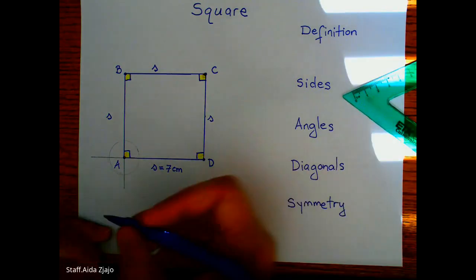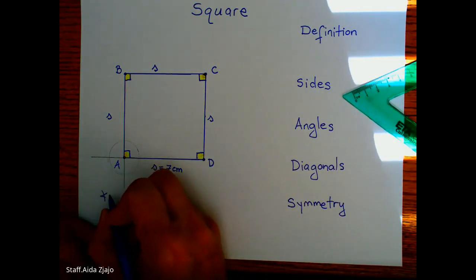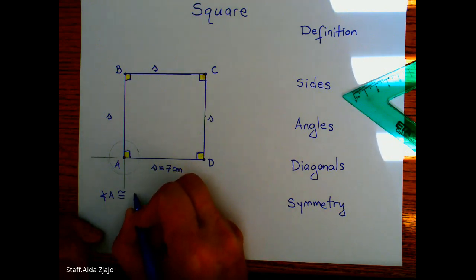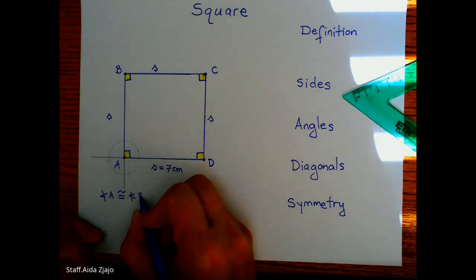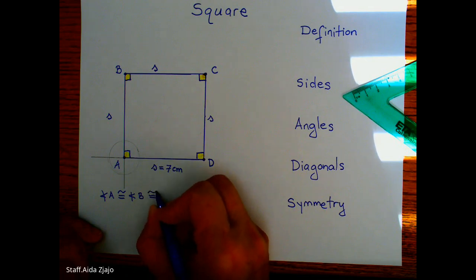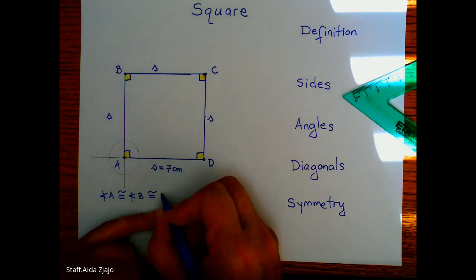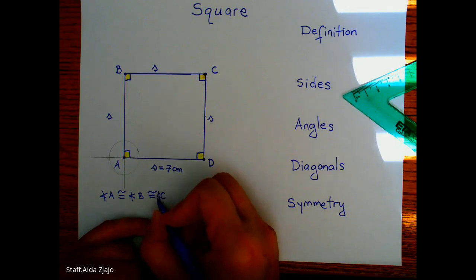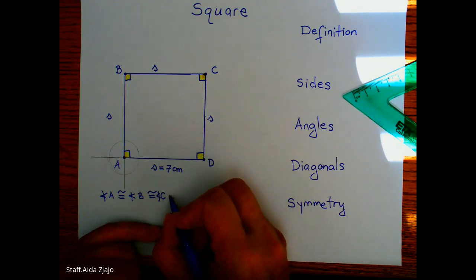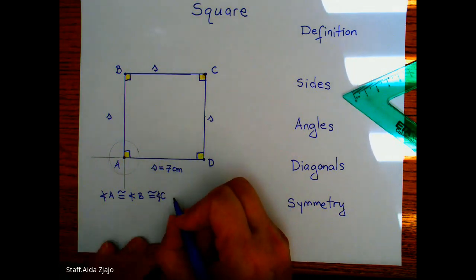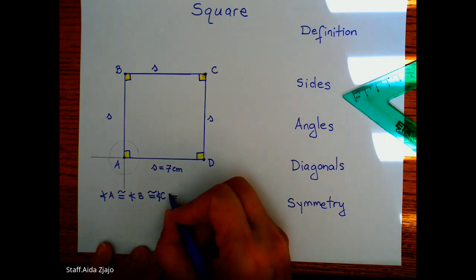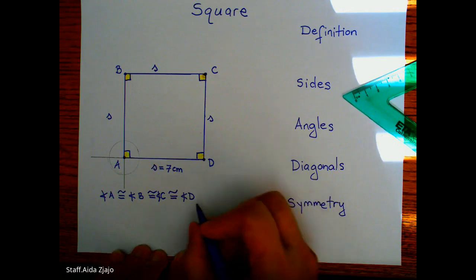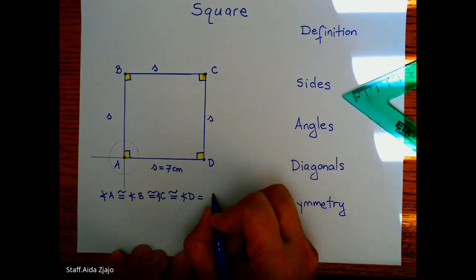So if we would like to say that angle A is congruent to angle B, and it's congruent to angle C, and angle C is congruent to angle D, and all are equal to 90 degrees.